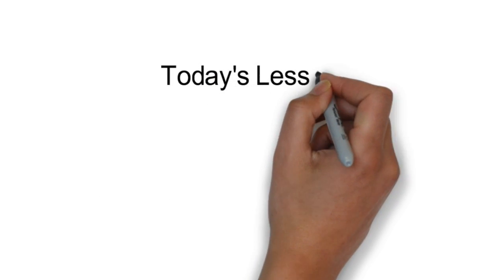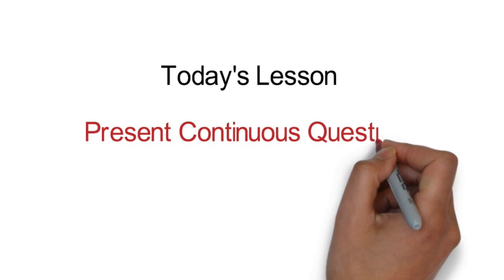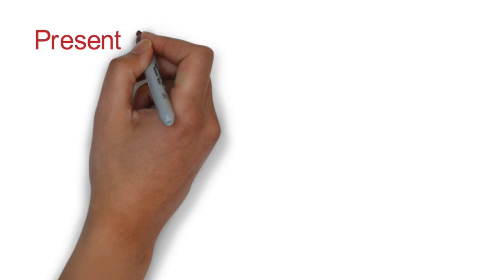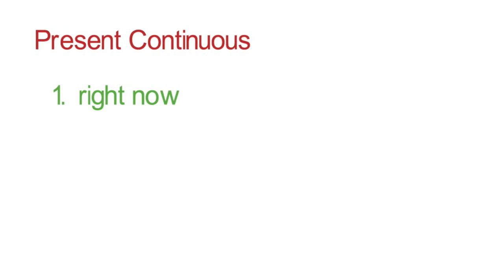Today, we are going to discuss how to make present continuous questions. Let's review when we use the present continuous tense. We use it when we want to talk about what someone or something is doing right now, at the time of speaking.